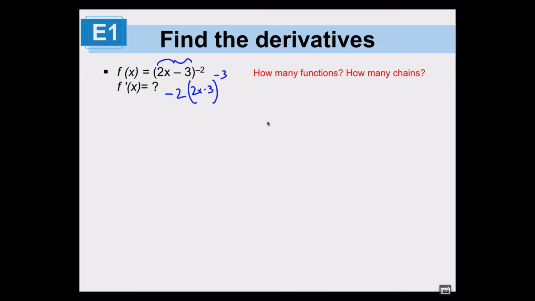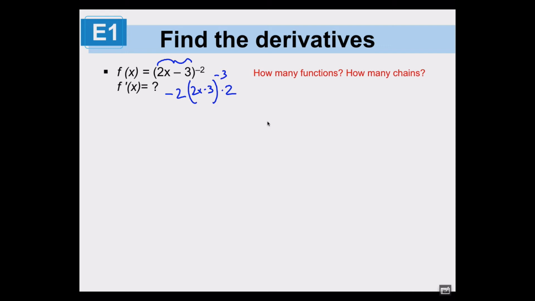Now we have to take the derivative of the function inside. Because there's 2 functions, we chain once. So what's the derivative of the function inside? 2. Okay, we're done. There's some cleaning up to do, but I don't care about the cleaning up right now. I just want to make sure you understand what's going on here. 2 functions, chain once. Work from the outside in.